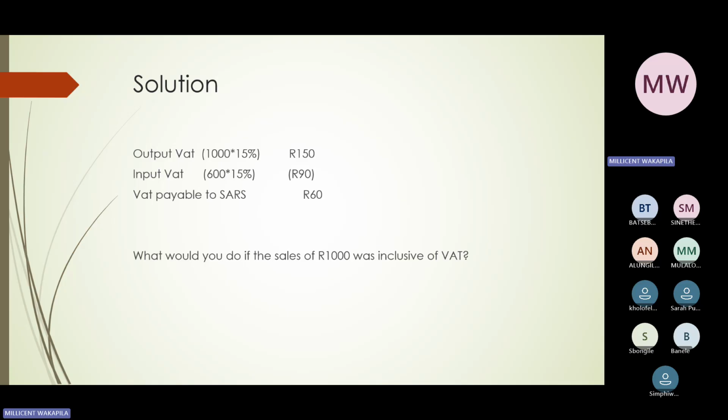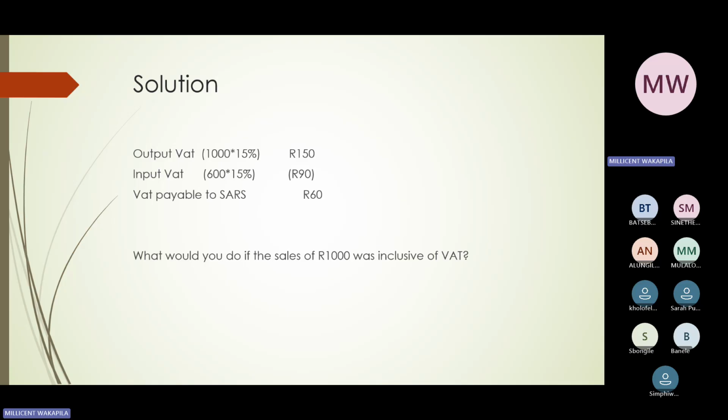Right, so my VAT output was 1,000 rand multiplied by 15%, right? The 1,000 rand was for the outflow of the goods, that was the goods that I sold, that is the VAT outputs, that is 1,000 rand multiplied by 15%. Okay, and then the VAT input is for the goods that I've received. If you look at the flow of goods, I'm getting something into the business, and then the 600 rand multiplied by 15%, I get 90 rand.